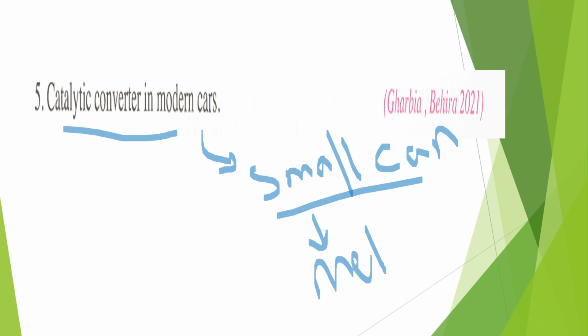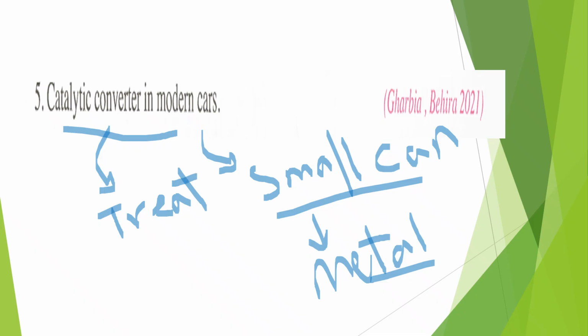The car engine burns the fuel, and the fuel produces some harmful gases. These harmful gases will be treated. The word treat means filter. Filter the harmful gases before they come out to the environment. So the importance of catalytic converter in modern cars is to treat the harmful gases.